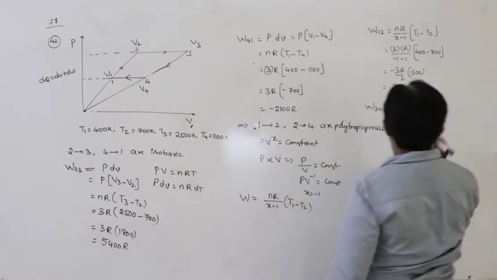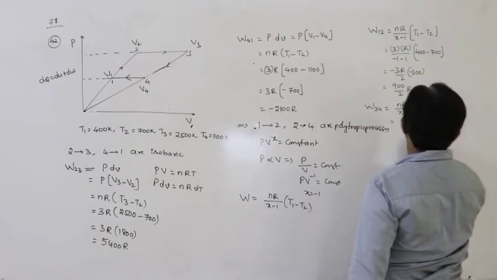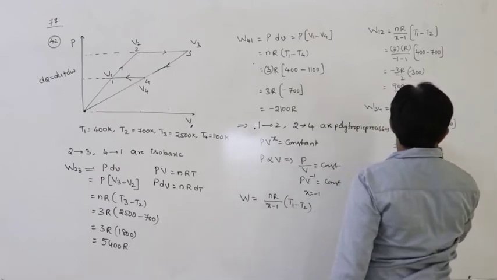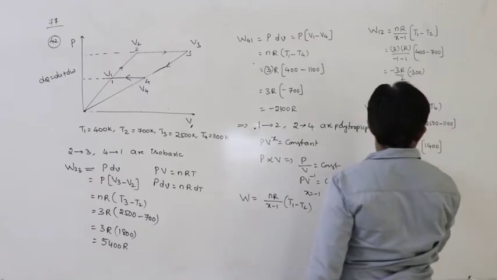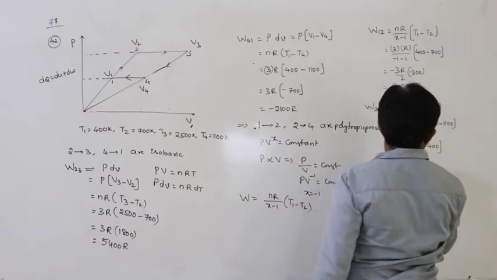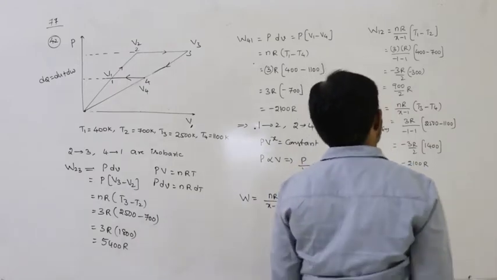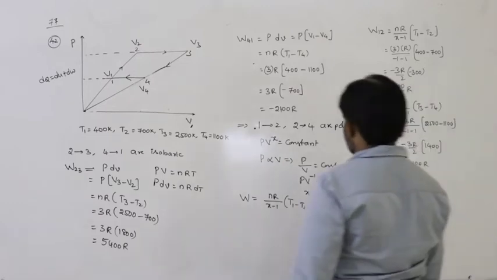T3 is 2500, T4 is 1100. So, minus 3R by 2 into 1400, which is minus 2100 R. So, that is the total work done.